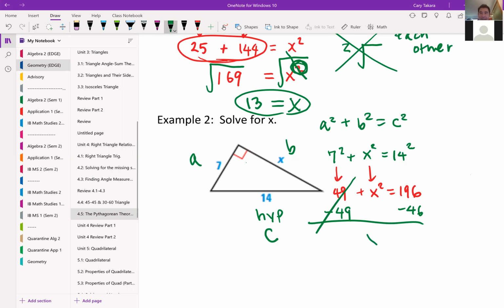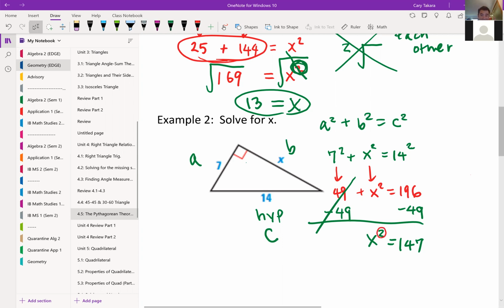So now we've got x squared equals 196 minus 49, which is 147. And then the last step, how do we get rid of this square?